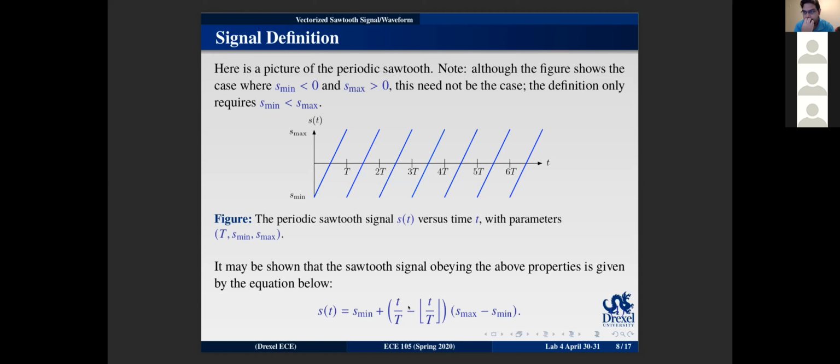If you're in Euclidean or coordinate space, does this look familiar to any equation that you know? Let's say I get rid of this floor function. Let's say I have S min plus t over capital T times S max. So we don't have this and we don't have this. If I get rid of these two, does that look familiar?